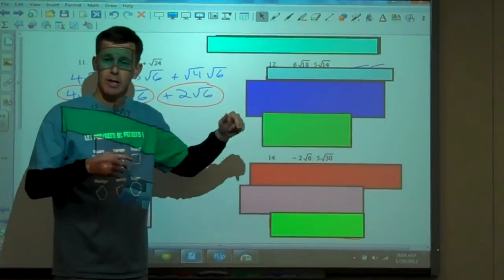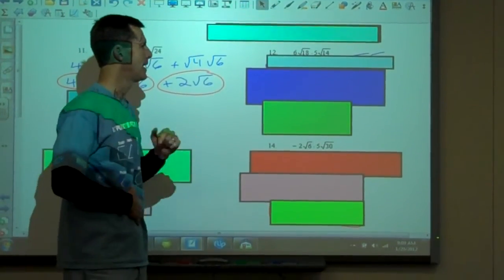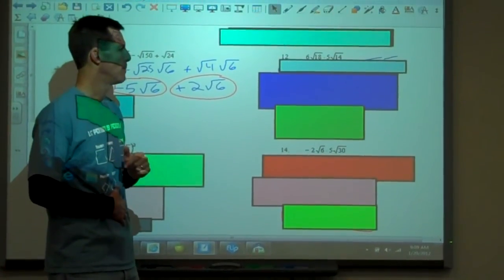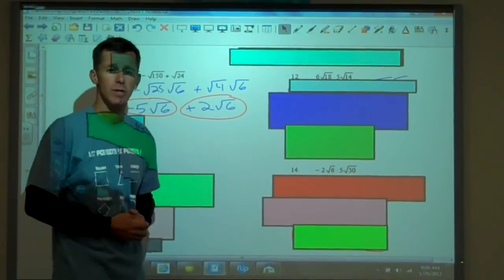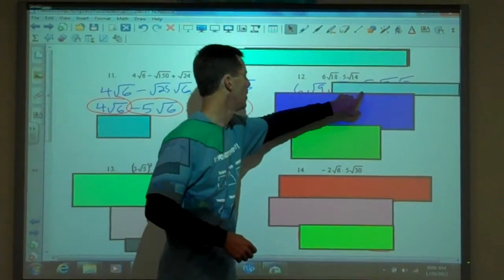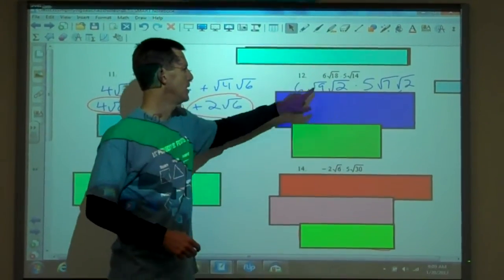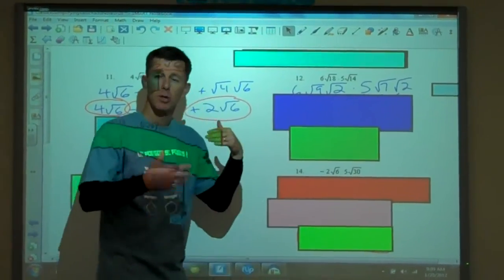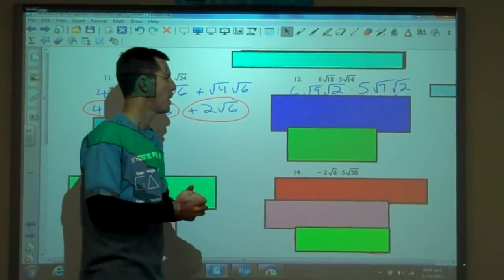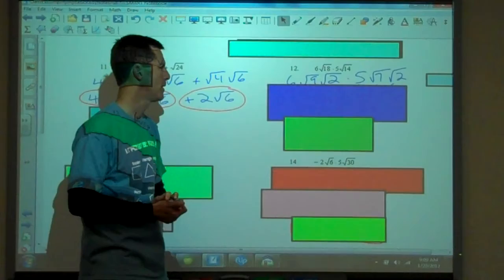I might want to just kind of look and be a radical sleuth, find any common radicands that they might have, common factors, which you can see would be a 2. So you might want to break down the root 18 to root 9, root 2, the 14 to root 7, root 2. Make sure that you're very careful and multiply all of these numbers in one form or another.